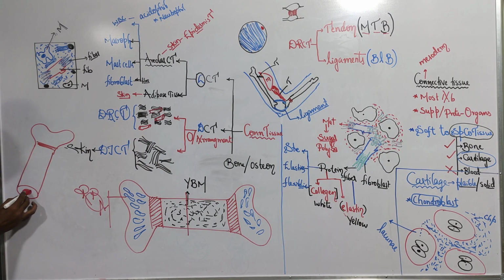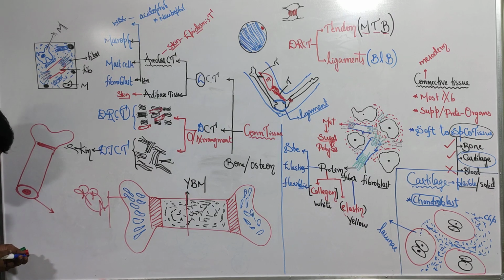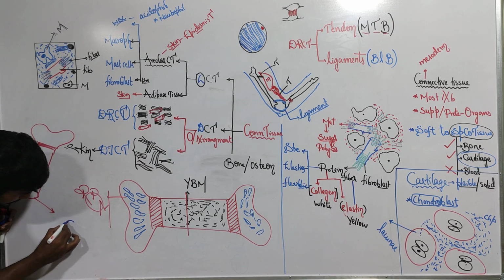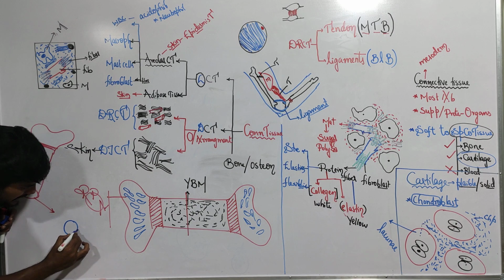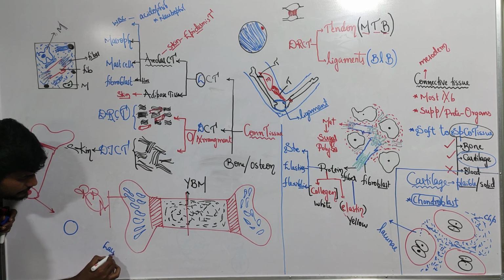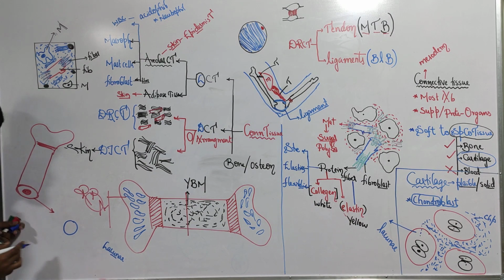Which bone marrow? Yellow bone marrow, this is. And here we have to discuss this wall. Okay, fine. What is present here? There is a presence of empty space. As I told, the empty space is called lacunae.